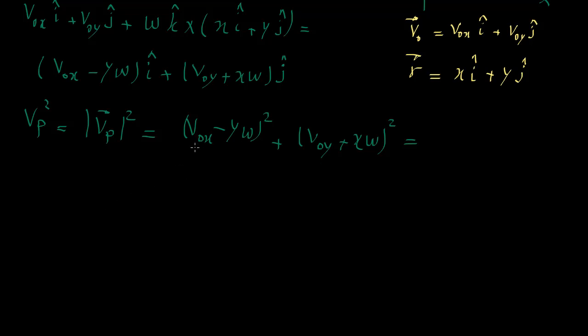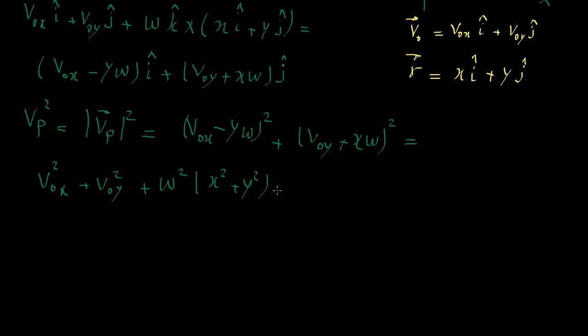So I can say this is Vox squared plus Voy squared, plus, here we have also y squared omega squared and x squared omega squared. So I can say omega squared times x squared plus y squared.